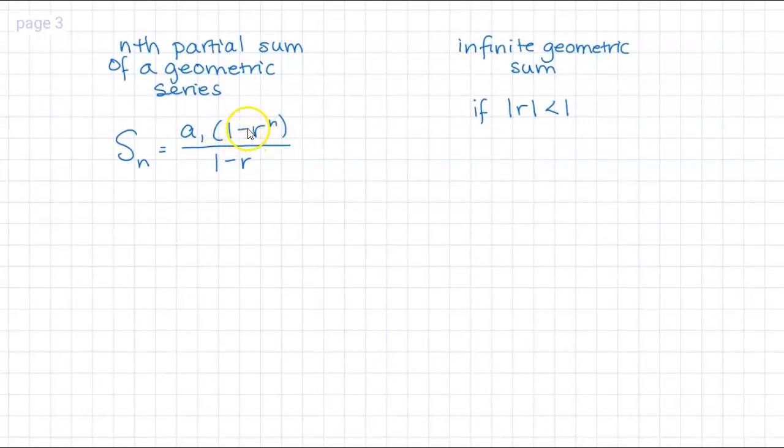And then you're going to have 1 minus 0, which is just 1. It makes your numerator just a sub 1. But we can't simplify the bottom at all. Luckily the bottom's already pretty simple. And so that's basically our sum right there.